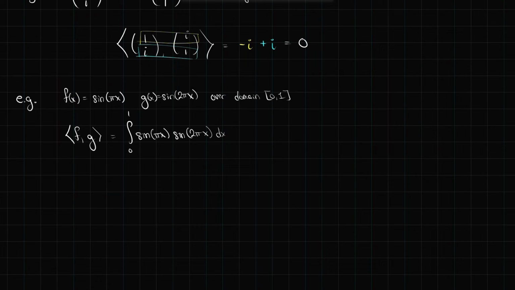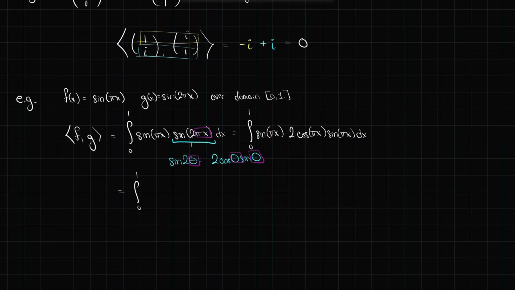And you maybe don't know how to take the antiderivatives of these right now, but let's recall once again the double angle formula. Double angle for sine: sine of 2 theta is equal to 2 cosine theta sine theta. Here theta happens to be pi x. So every time we see those, we're going to plug in a pi x. This will be the integral from 0 to 1 of sine pi x times the double angle formula, 2 cosine pi x sine pi x, dx. It's twice the integral from 0 to 1 of sine squared pi x cosine pi x.